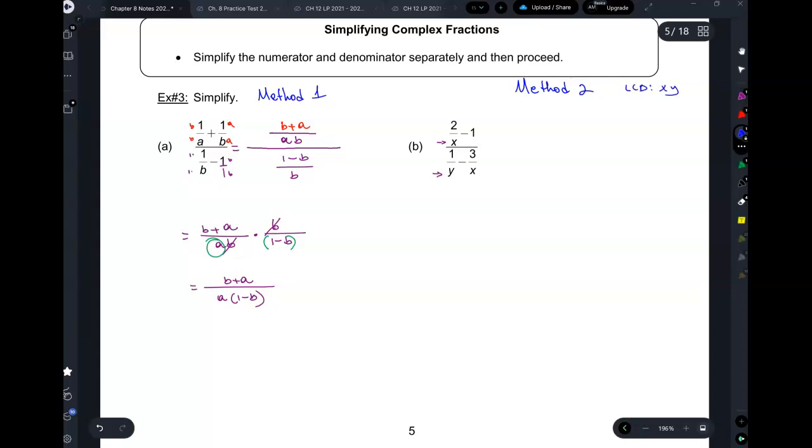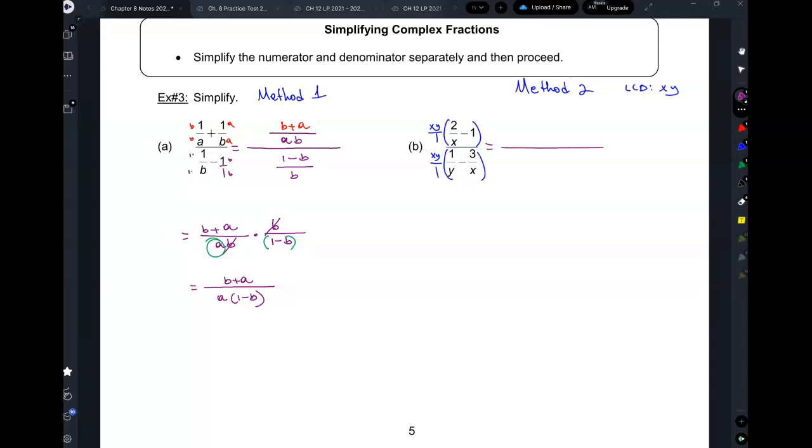It's xy. So what you're going to do is multiply this whole thing by xy over 1, and this whole thing by xy over 1. Now, be careful when you do this because you've got to distribute. So, xy over 1 times 2 over x is what? 2y, right?